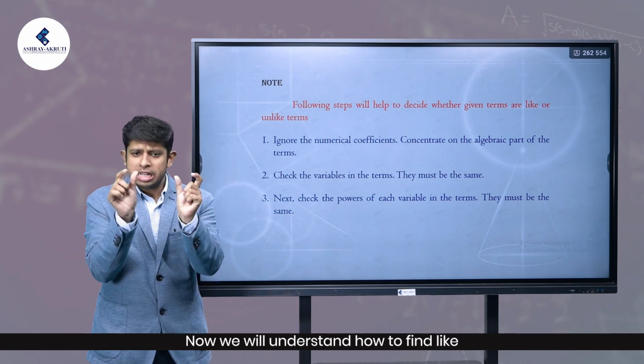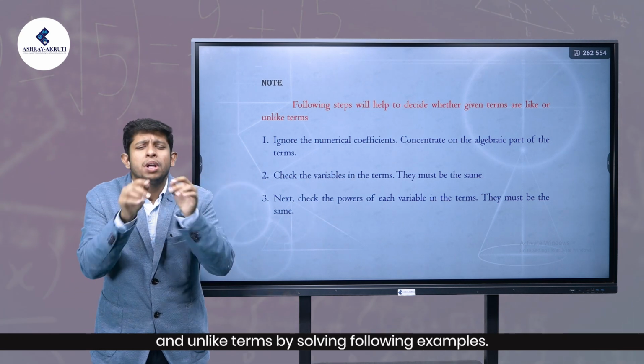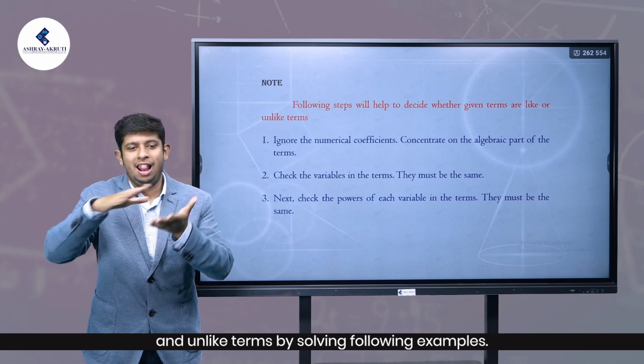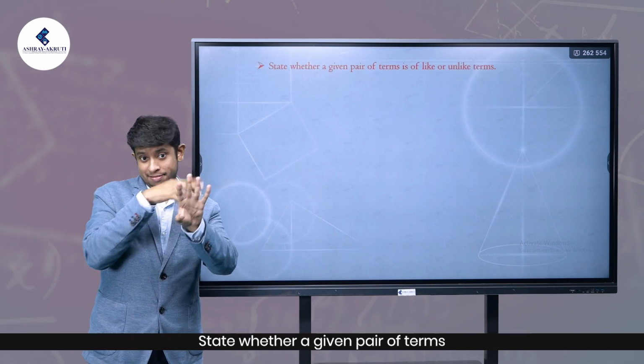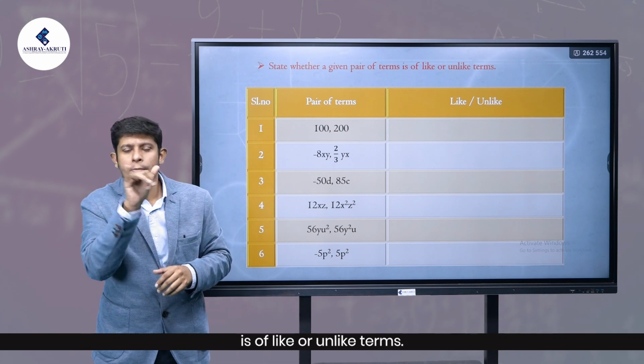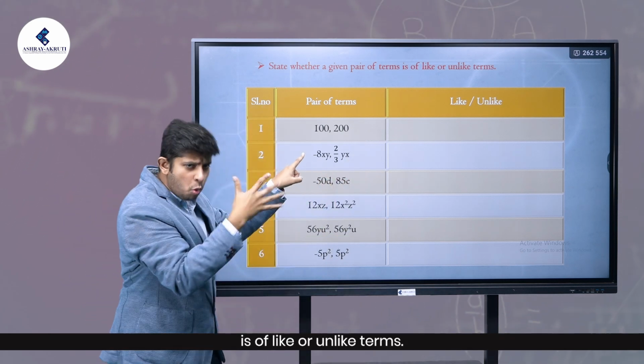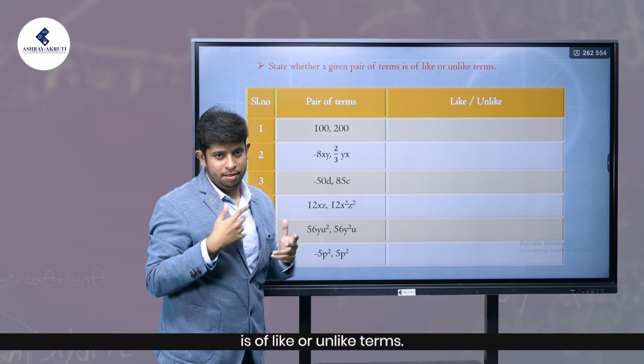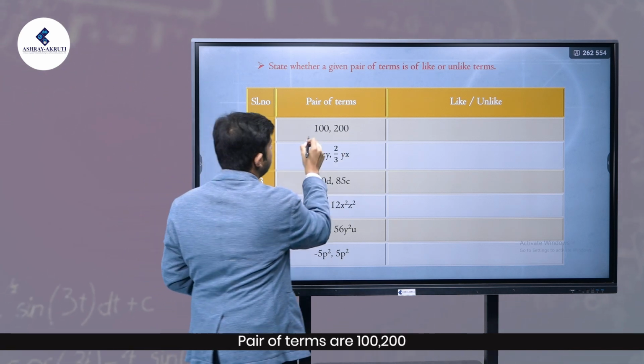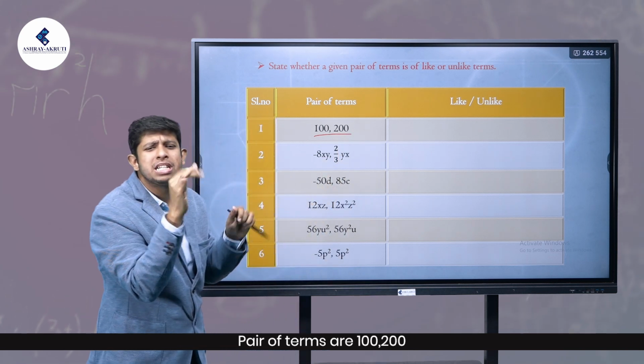Now we will understand how to find like and unlike terms by solving following examples. State whether a given pair of terms is of like or unlike terms. The pair of terms are 100, 200.